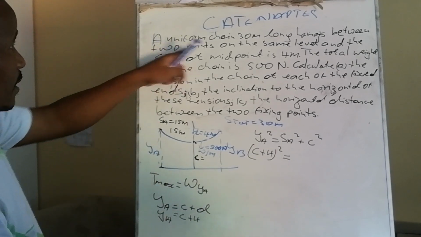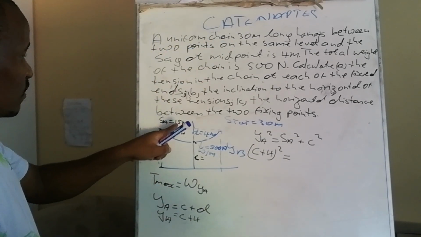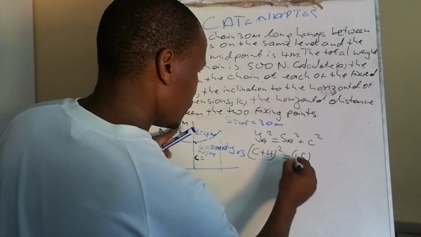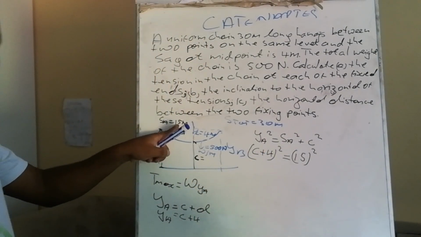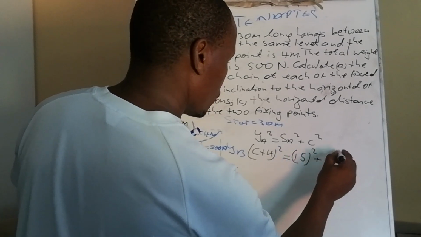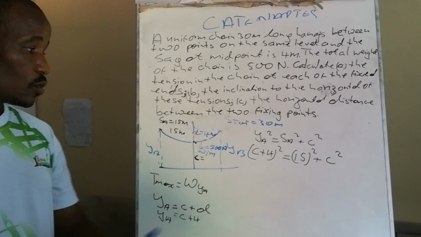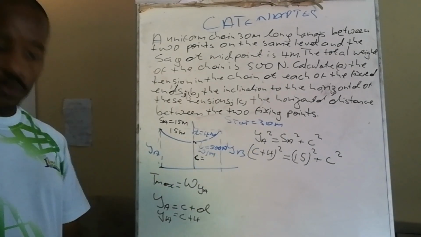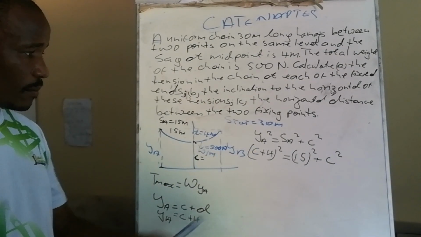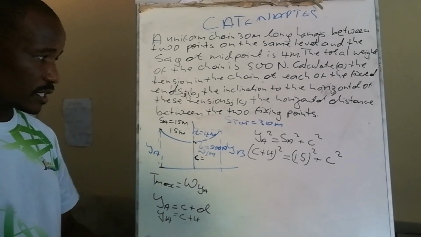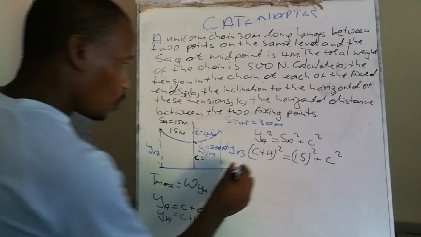You are given SA as 15, which is 15 squared plus C squared. C is not given, so you've got only one variable to work out there, and then you use your simple basic grade 10 mathematics.